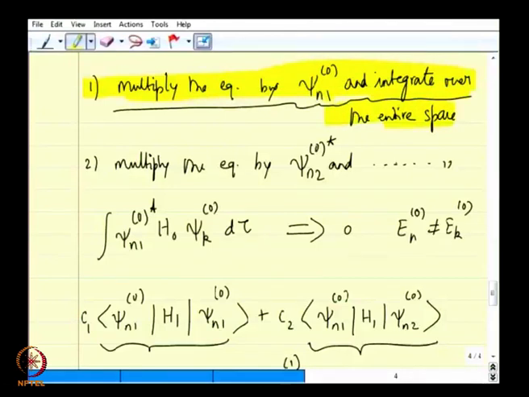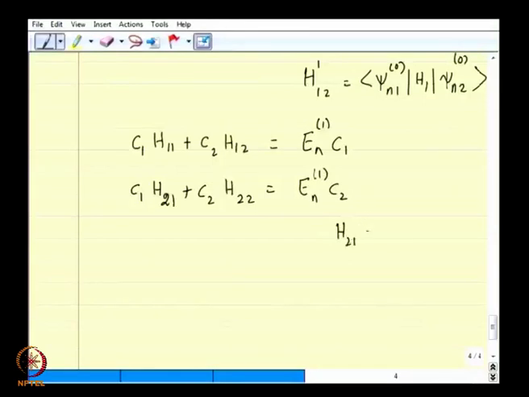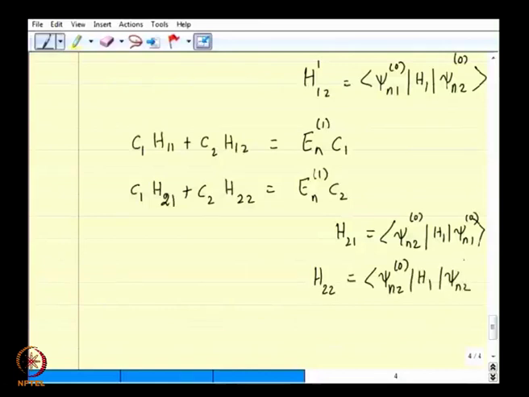Now without repeating it, I would leave it to you to verify that when you do this with psi n2 0 star, the equation that you will get is C1 H21 plus C2 H22 is equal to En1 C2, where H21 is psi n2 0, H1 psi n1 0, and H22 is psi n2 0, H1 psi n2 0.